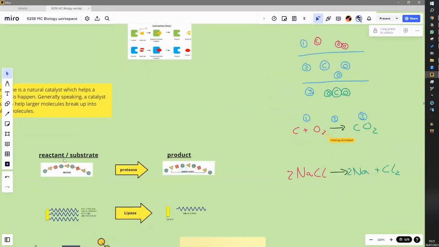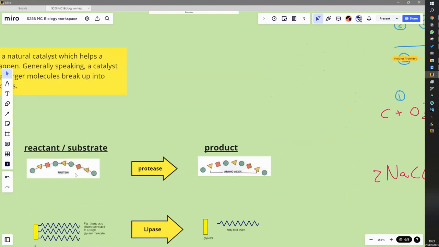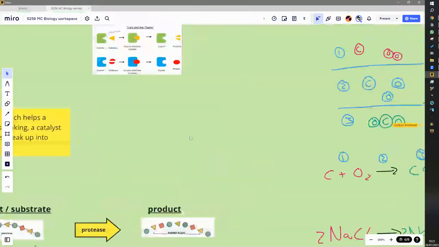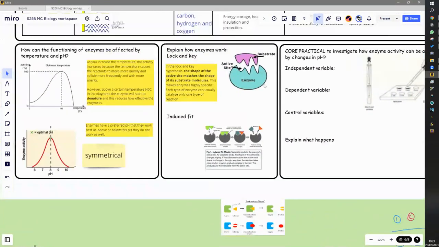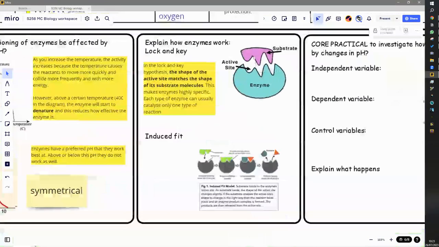Don't confuse it. Substrate is a special word that in this case is kind of the same as the reactant, but substrate is really the word used in biology when we're talking about the enzyme breaking apart the substrate.